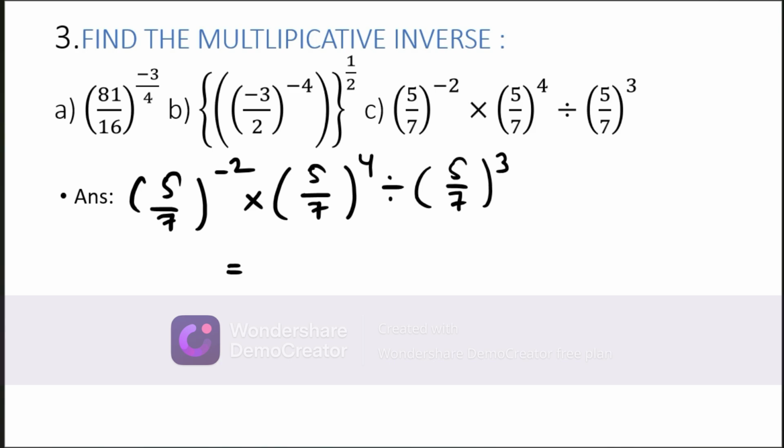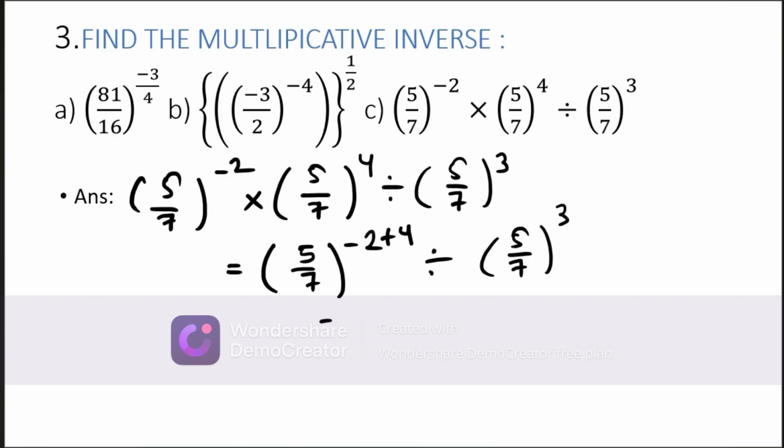So if the bases are same, then in multiplication their powers should be added. So I write (5/7) to the power -2 plus 4 divided by (5/7)^3. So (5/7) to the power -2 plus 4 is plus 2, divided by (5/7)^3.